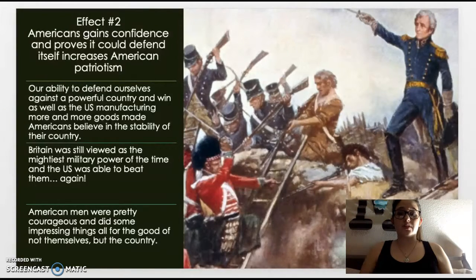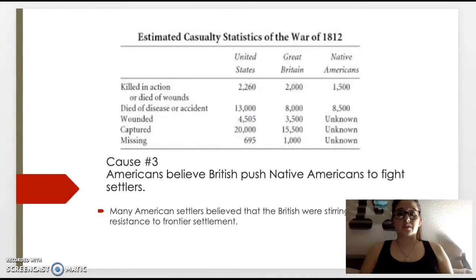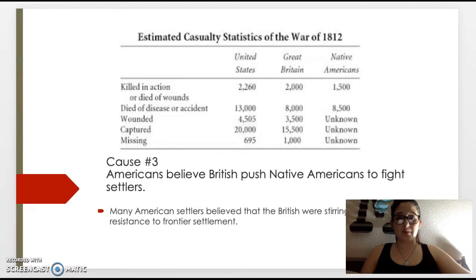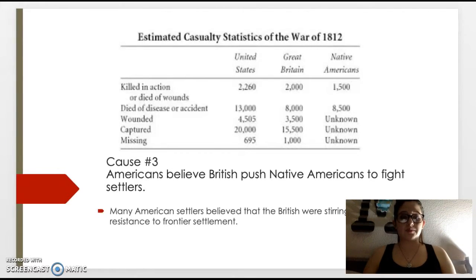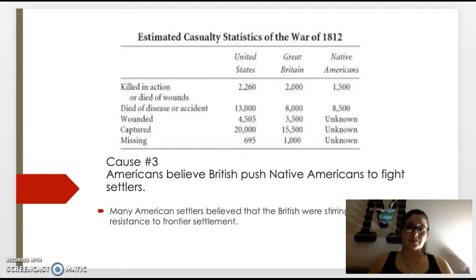So moving on to cause number 3. Americans believe British pushed Native Americans to fight settlers. Many American settlers believed that the British were stirring up the native resistance to frontier settlement. And as you can see in the picture above, we have estimated casualty statistics of the War of 1812. Killed in action, in total, the United States had about 2,260.